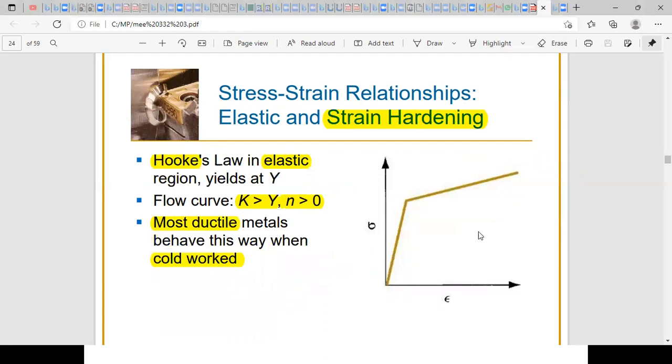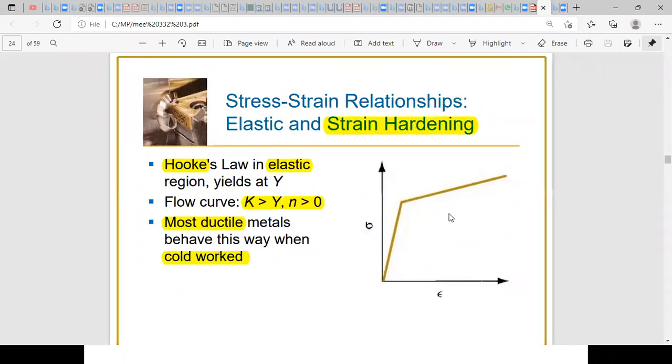Who can tell me, is this graph plotted on a normal scale or on a log-log scale? How can we know that this is log-log scale or normal scale? What should we look at? Okay, why, Mahdi, is it the normal scale?